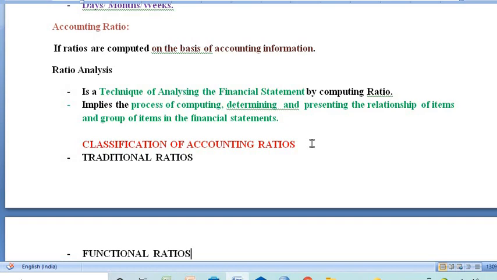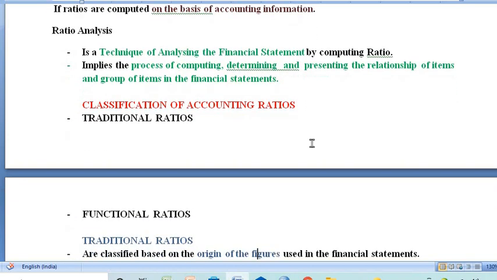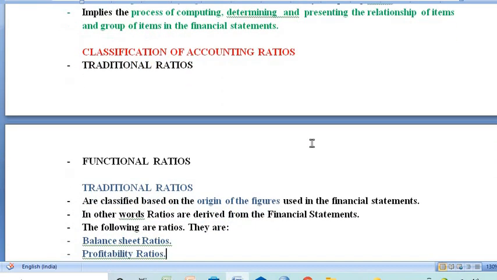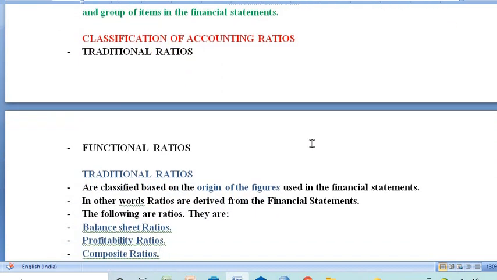Now we are going to discuss the classification of accounting ratios. Here we have two types of ratios: one is traditional ratio, another one is functional ratio. Traditional ratios refers to ratios computed based on their origin in the financial statement.